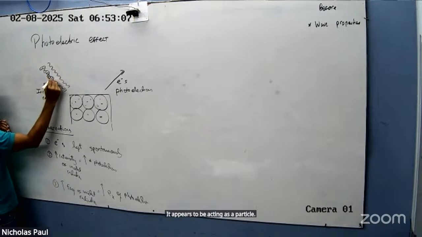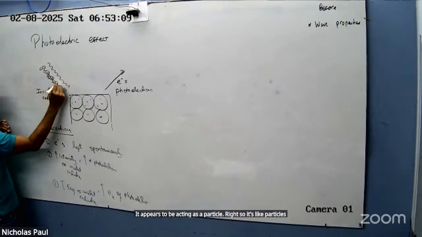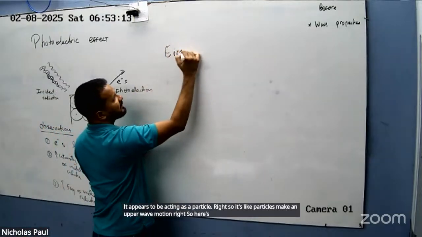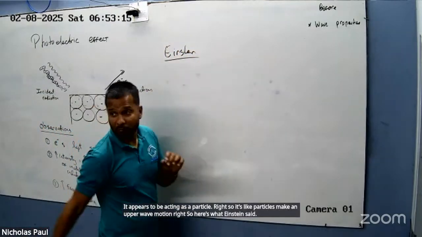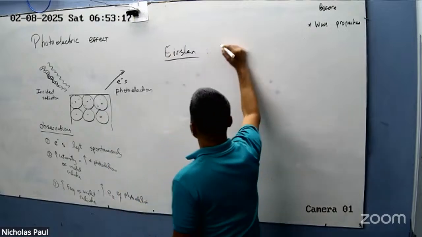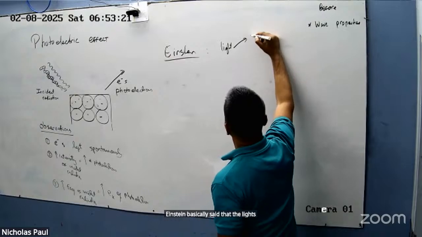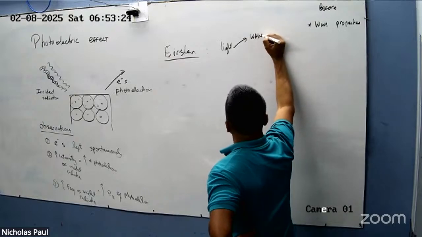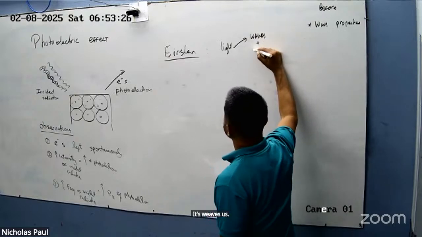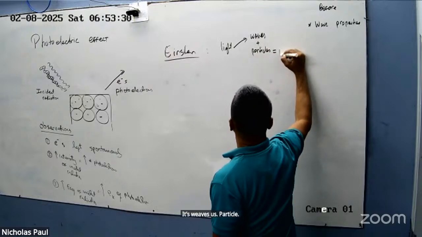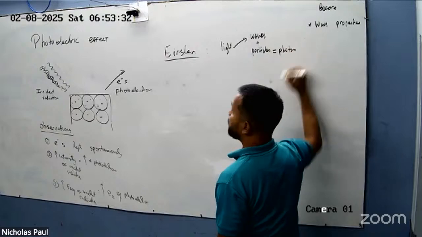So it's like particles making up a little wave motion, right? So here's what Einstein said. Einstein basically said that light is waves plus particles. And the particles are called photons.